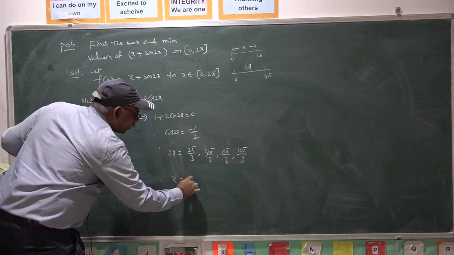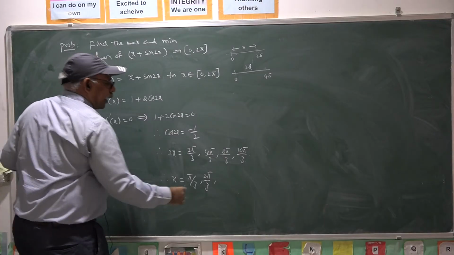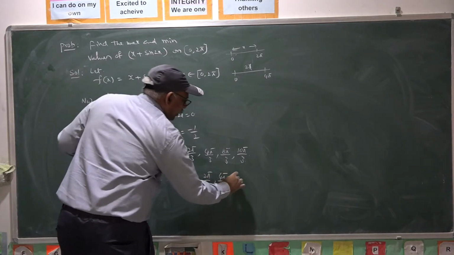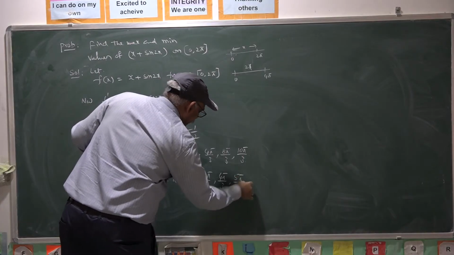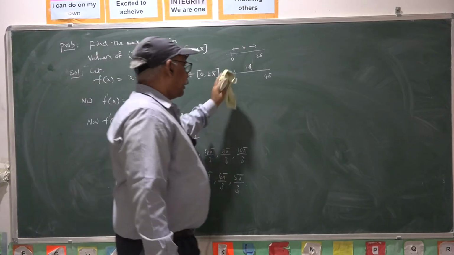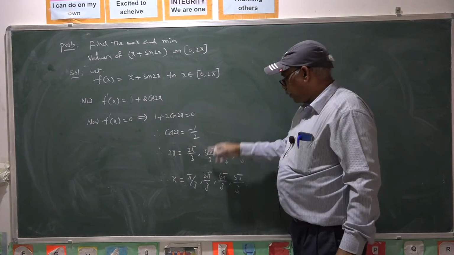So x takes the values pi by 3, 2 pi by 3, 4 pi by 3 and 5 pi by 3. So these are all 4 values where the first derivative is 0, and all the values clearly lie between 0 and 2 pi only.